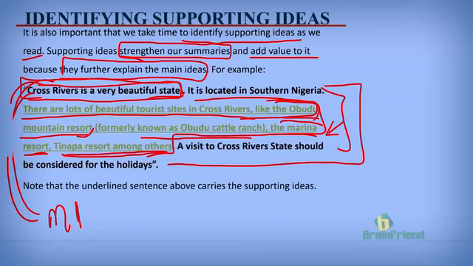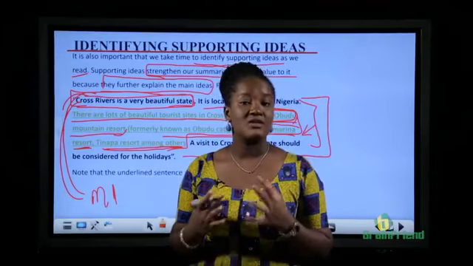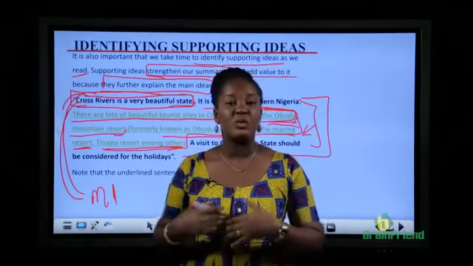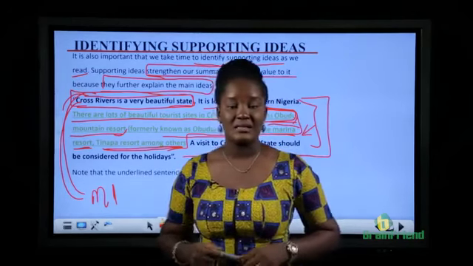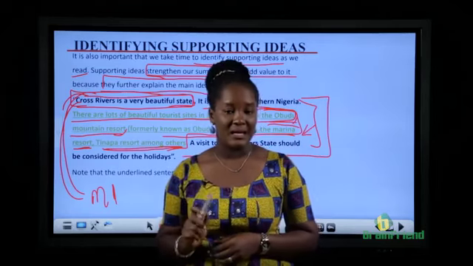So these are supporting ideas because they support the fact that Cross River State is a very beautiful state, which is the main idea. So this is how to identify supporting ideas. They simply throw more light on the main idea by explaining it or by describing the main idea.